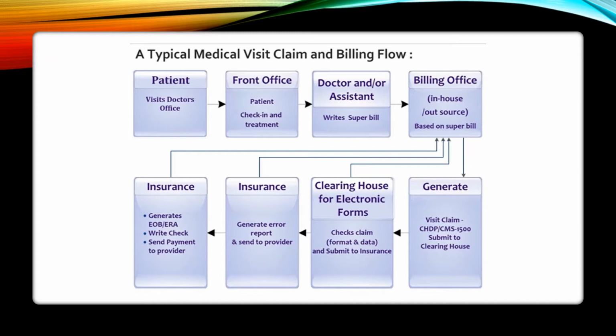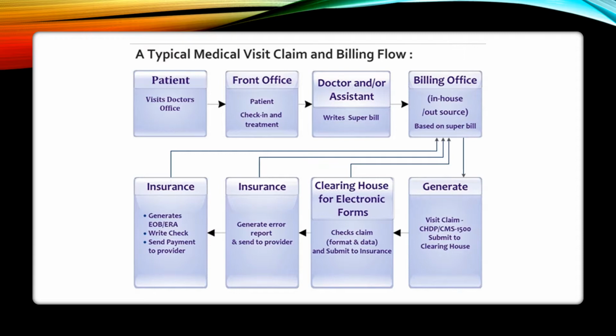They shouldn't even be using super bills right now, so let's just say that the super bill is not there, and it says doctor and or assistants write out the progress note. Then you have the billing office, in-house or outsourced, based off the progress note, they generate the claim. It goes to the clearinghouse and they check for any errors.